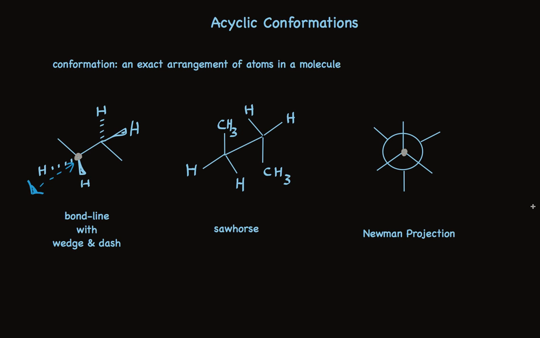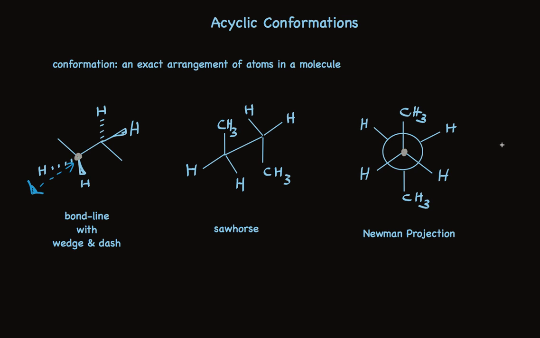And now again, we see that there's a methyl group sticking straight up, and that carbon has hydrogens down and to the right and down and to the left. And the back carbon, which we can't see with our eye because it's hidden by the first one, has substituents represented by sticking out from behind. And straight down, again, there's a methyl group, and the hydrogens are up to the right and up to the left.